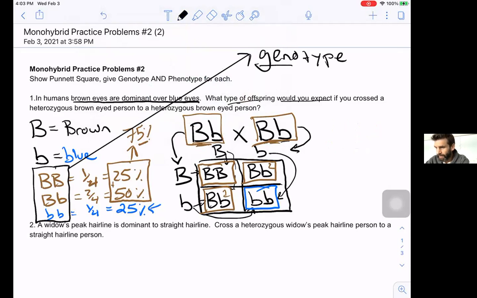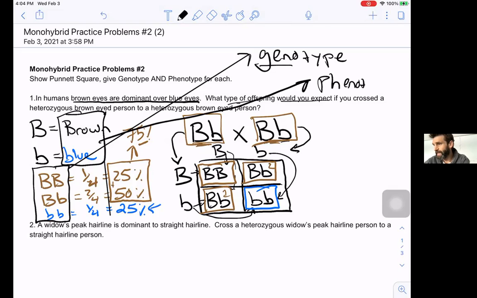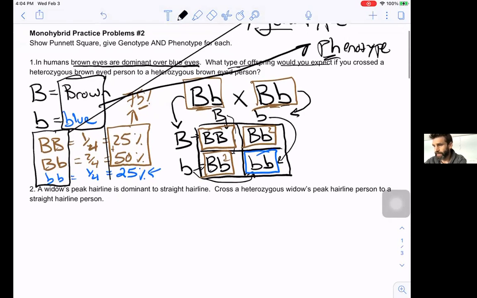And these colors here, brown and blue, are known as the phenotypes, for the physical characteristics. They are the physical characteristics. Brown and blue is the phenotype.